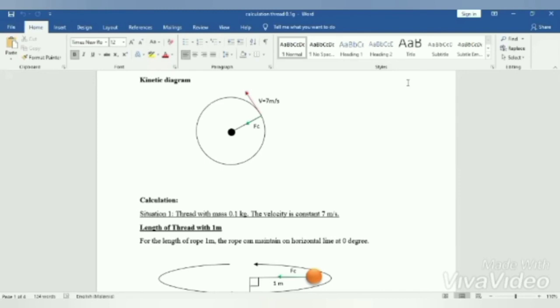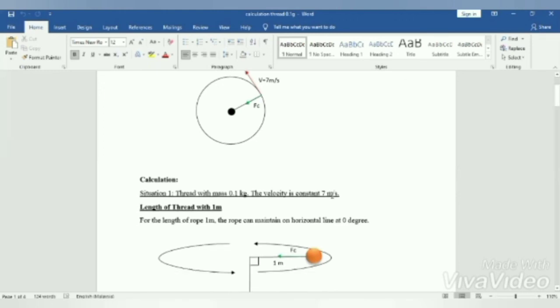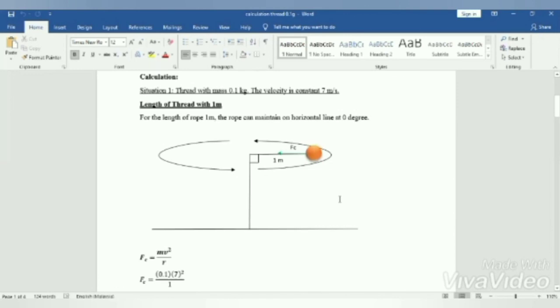For this part, we are using a thread with mass 0.1 kilogram and constant velocity of 7 meters per second. For the first part, it is using a thread with 1 meter length.